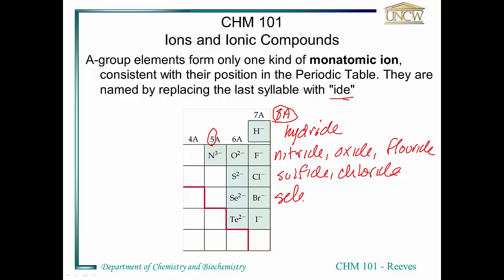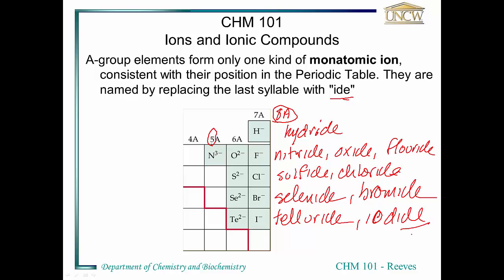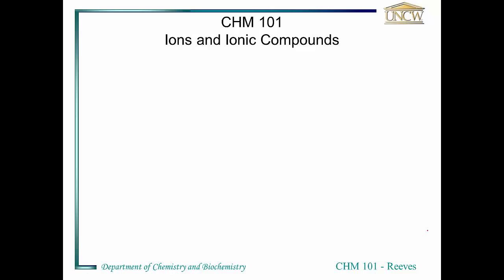Selenide and bromide. And finally telluride and iodide. All IDEs. And the charges, again, are unambiguous based on their position in the periodic table.